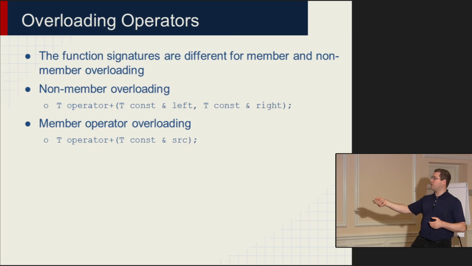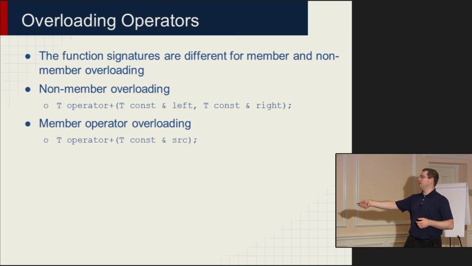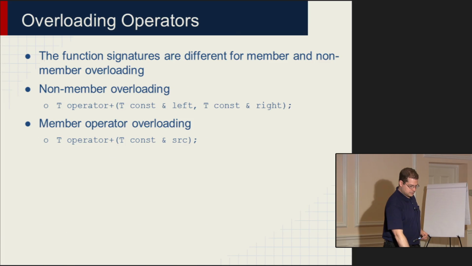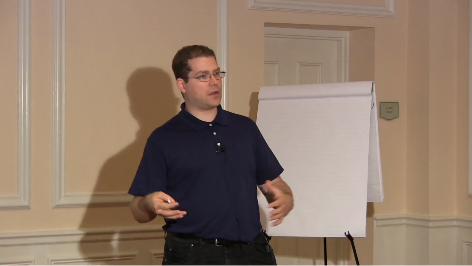You can do it in a non-member function where you specify, for example, operator plus, and you have the left-hand side and the right-hand side passed in as parameters. Or you could do a member operator overloading where the left-hand side is the object of which this is a member function, and then you have the right-hand side on the other side. This parallels what you would see if you had a normal function with a name and a regular calling syntax.